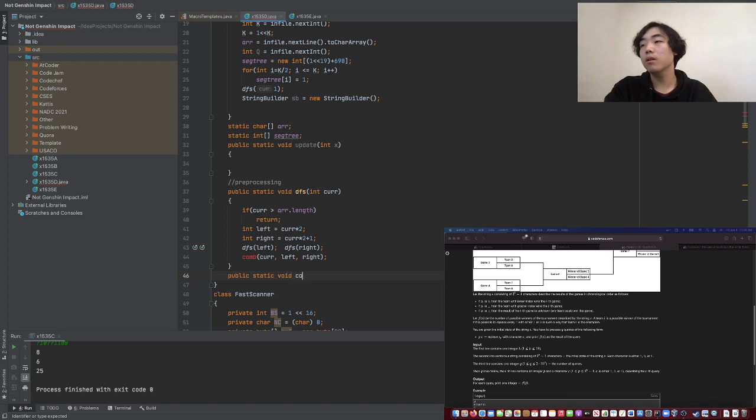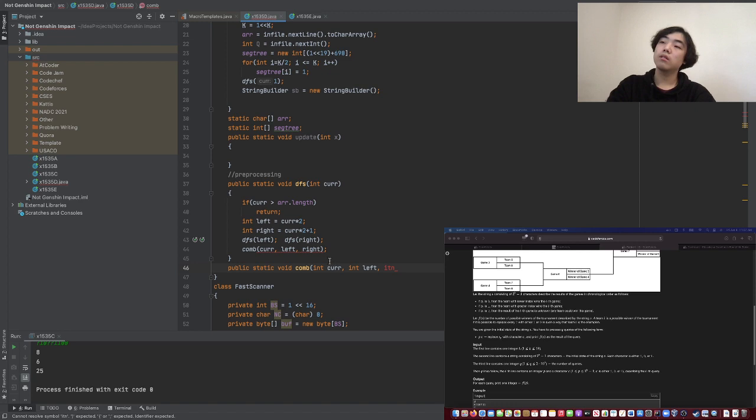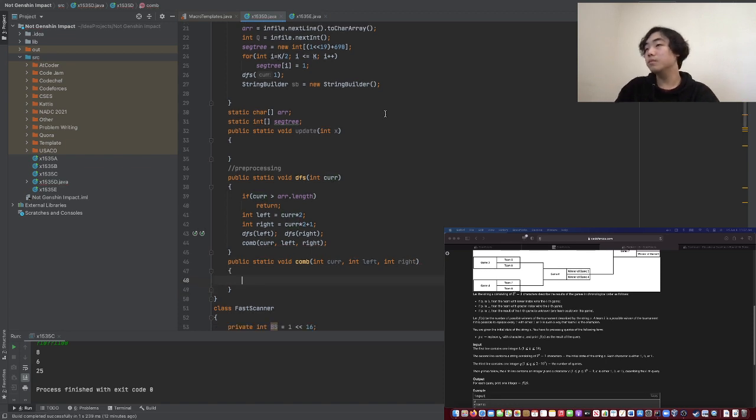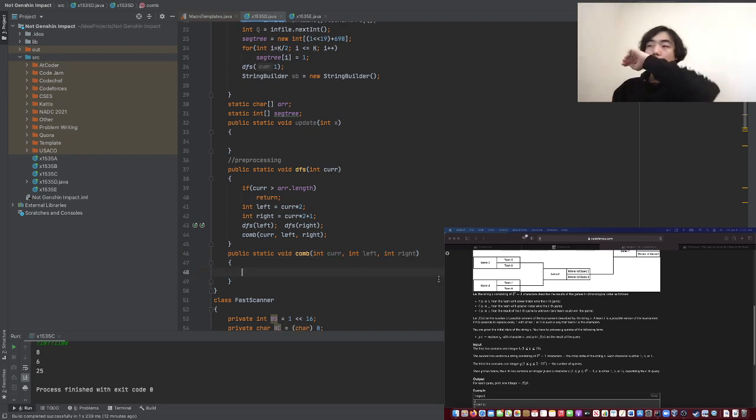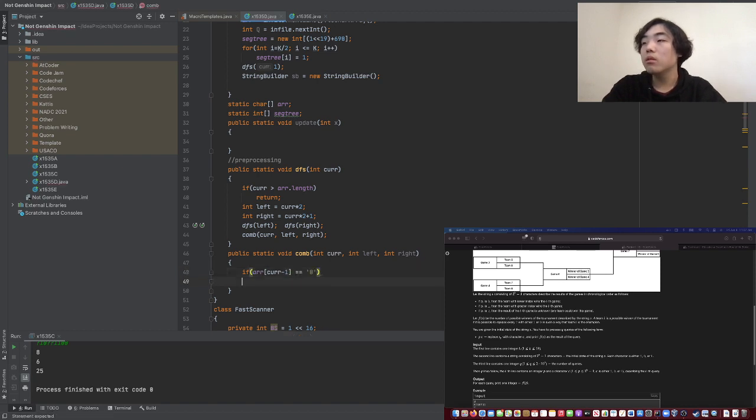So public static void combine, current, left and right. I guess it doesn't matter. Okay, if it's equal to 0, then it's this.